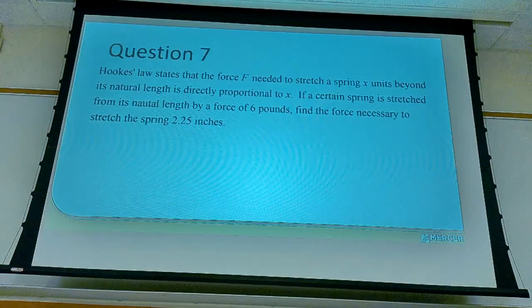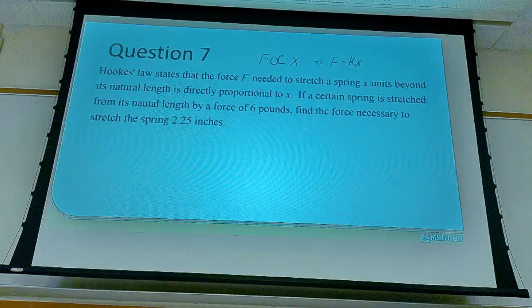So what this says, force is proportional to x, just means that force is some constant times x. In this case, that k is called the spring constant.